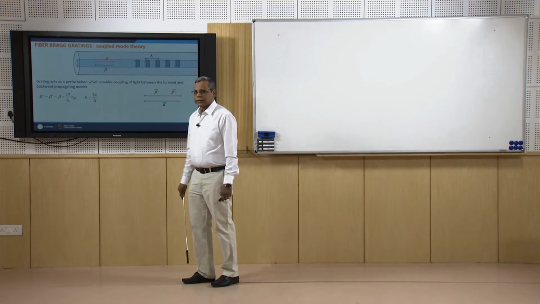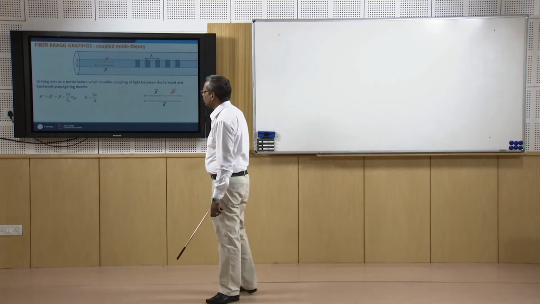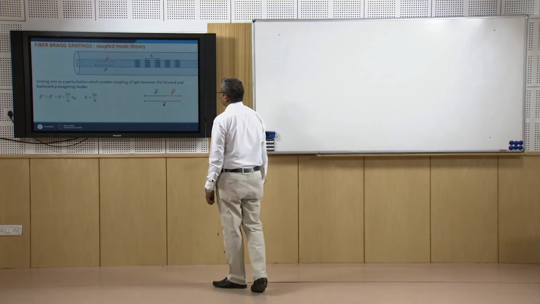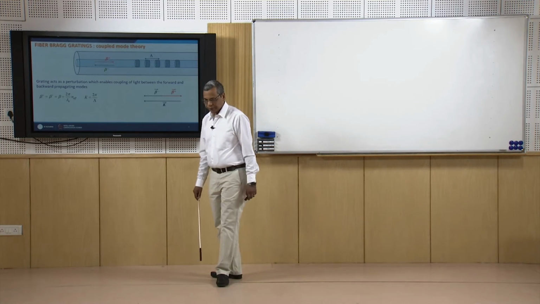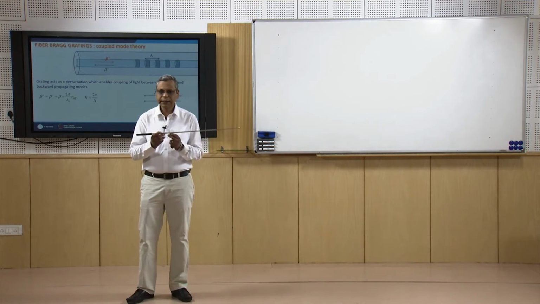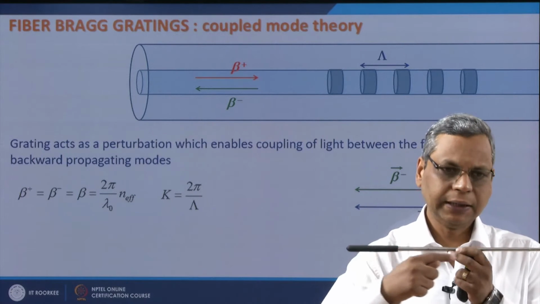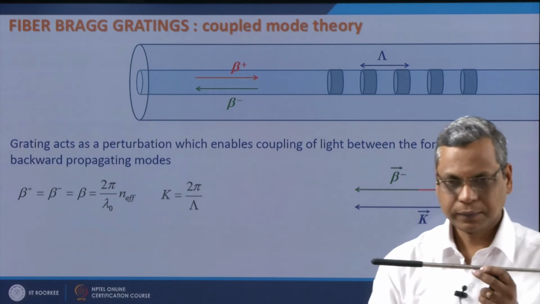I can also understand this interaction as coupling between two modes. Let us say I have a single mode fiber. In a single mode fiber, if I launch light from this side, the mode is excited and propagates in this direction.